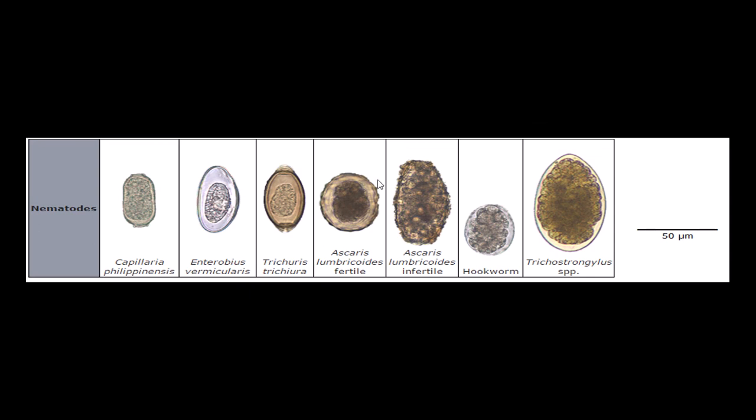And in Ascaris lumbricoides, you can see the albuminous jelly material around the ova. Very important to know. And those can be in many different forms. The hookworm type of egg, also by doing a stool analysis, you can see them.